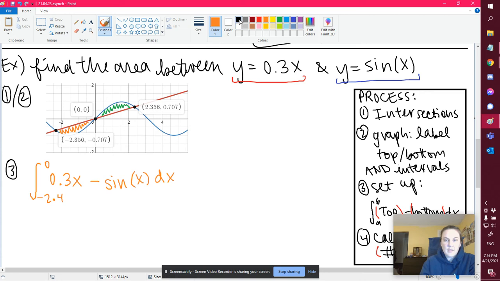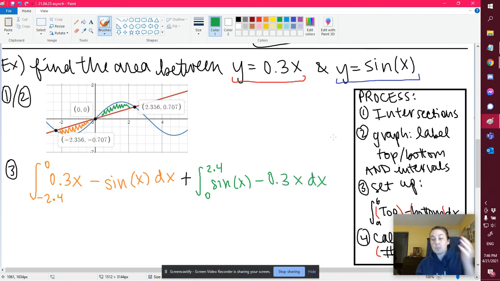We're going to add that to the area of the green space, which is from 0 to 2.4. Here, sine being on top and the line being on bottom. I chose not to put parentheses here. I probably should have, but there's nothing really to distribute because each of the functions is only one term, so just putting the minus sign is good enough.